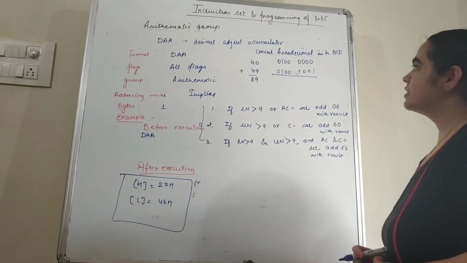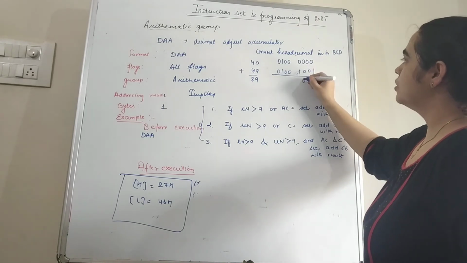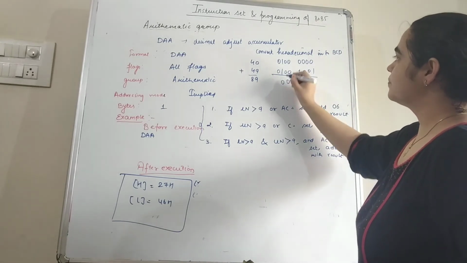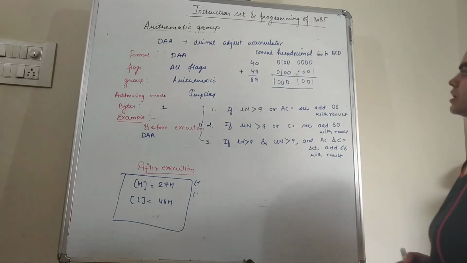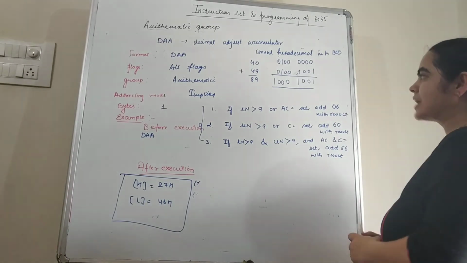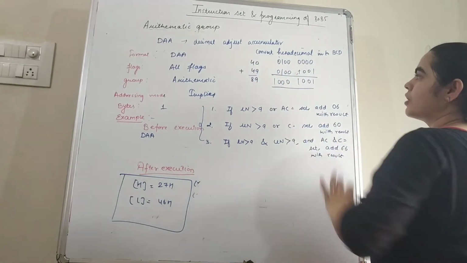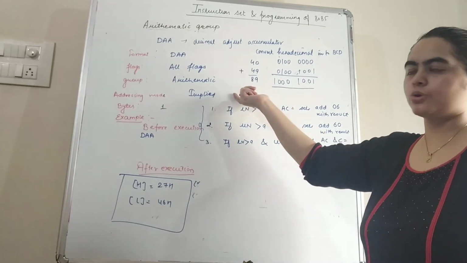Now we add these two numbers: the result is 1000 1001. So there is no problem in this number, because while adding 40 and 49, it shows the result in BCD code only.